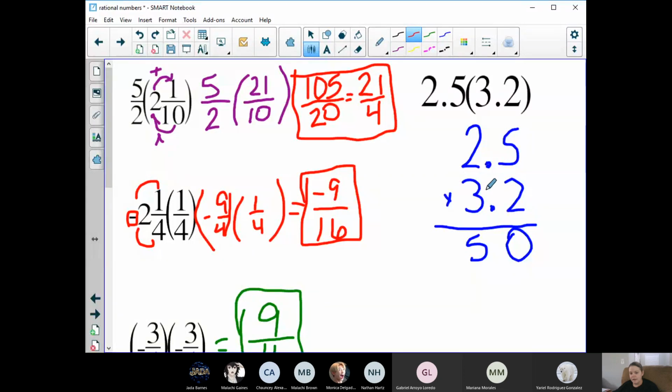The 3 here is in our tens place. So really, instead of multiplying 3 times 25, I'm really multiplying 30 times 25, since this is in the tens. Because I'm multiplying by the tens place, I'm going to put a 0 in my ones as a placeholder, okay?